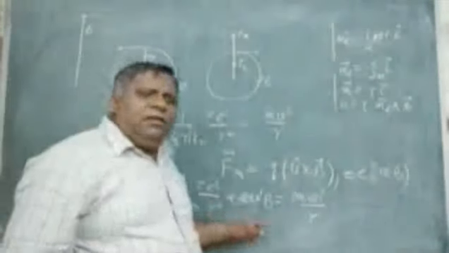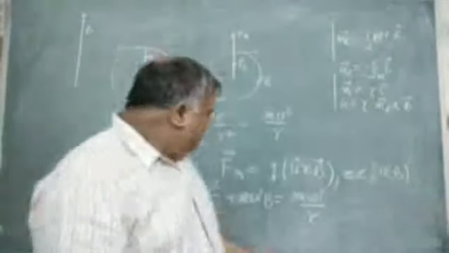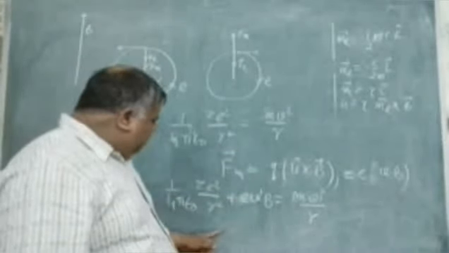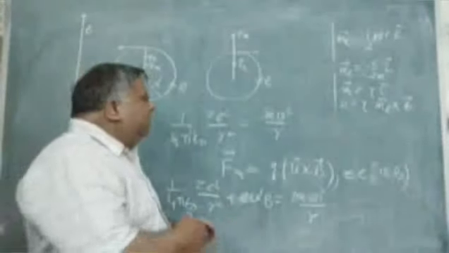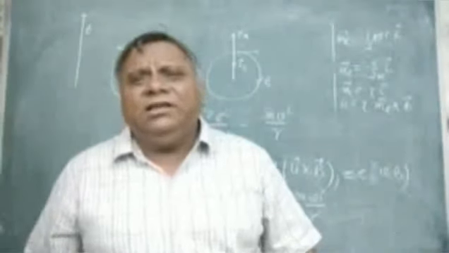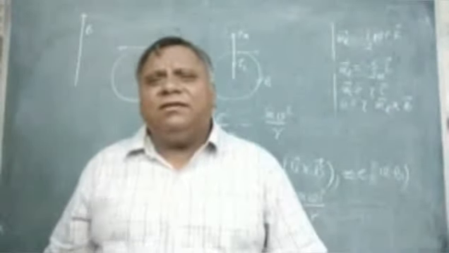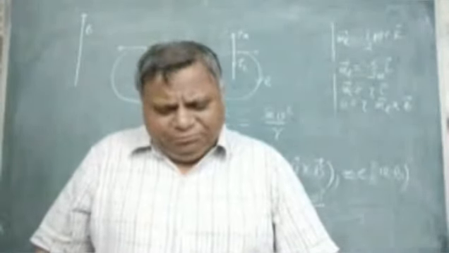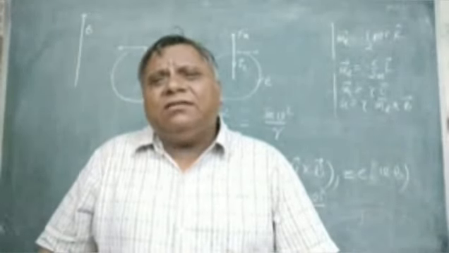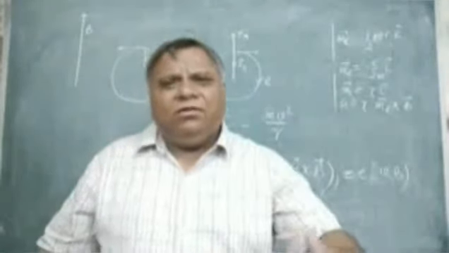Where v dash is the new velocity in the presence of magnetic field, because now the equation is not the same. This equation is not same as this equation. Obviously the velocity will be different. It may be the radius as well, but Larmor has shown, as I have already discussed, that the radius of the orbit remains same.